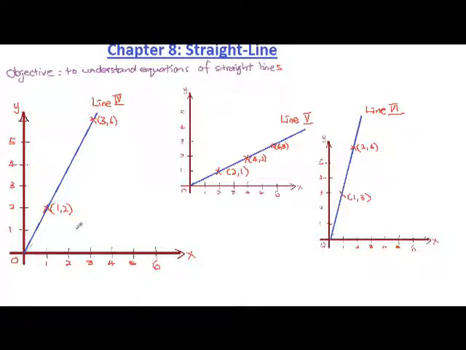So here we can conclude that all y are twice the value of x. And when we translate this algebraically, we get y equals 2x. It also means that all y are twice the value of x. So this is the equation of straight line 4.